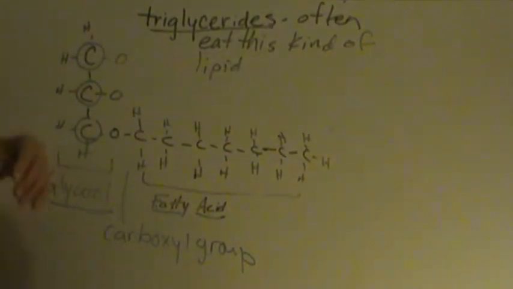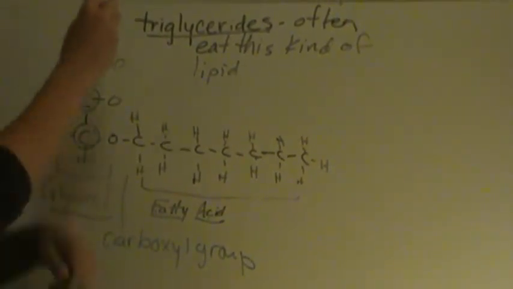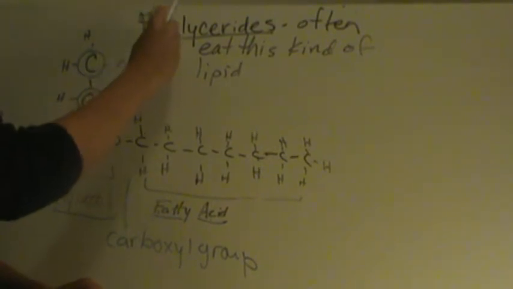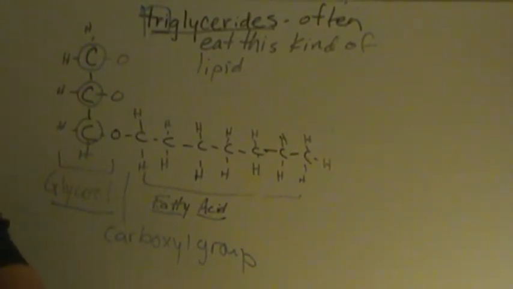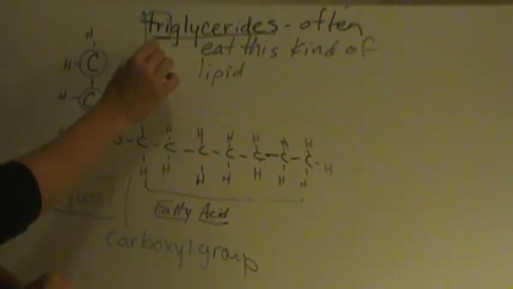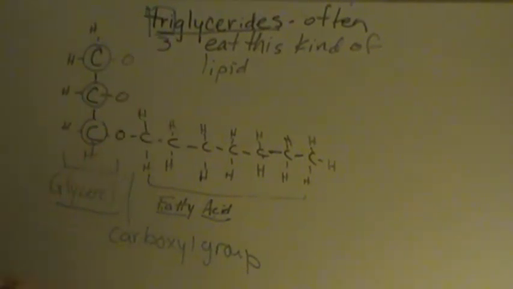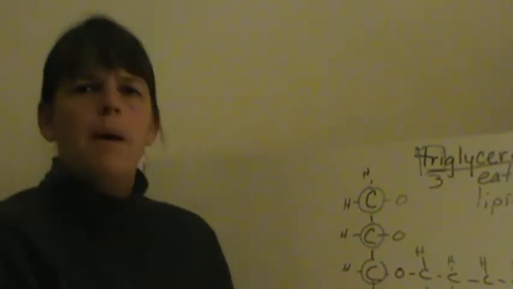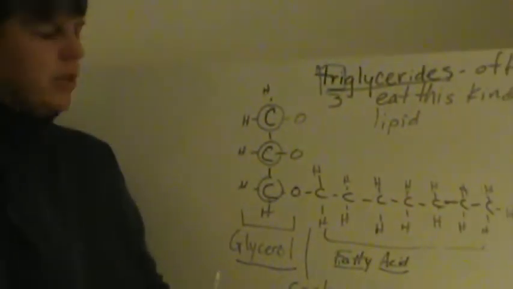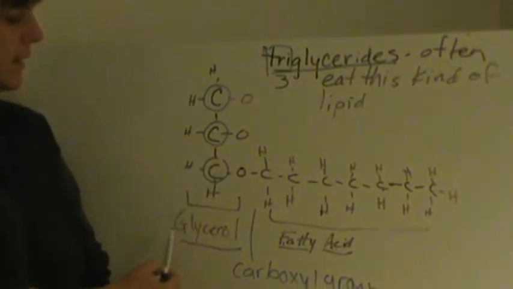So let's look at the word triglyceride. So here we have tri. And I ask you, what does that prefix mean, tri? And correctly, you all say 3, because you all think of tricycles. So tricycle, triglyceride. So let's think about why that is. Well, if you look at my picture here, let's look at the glycerol.